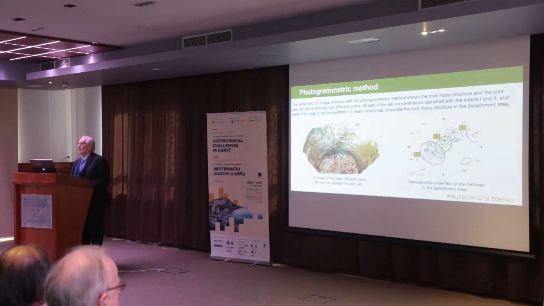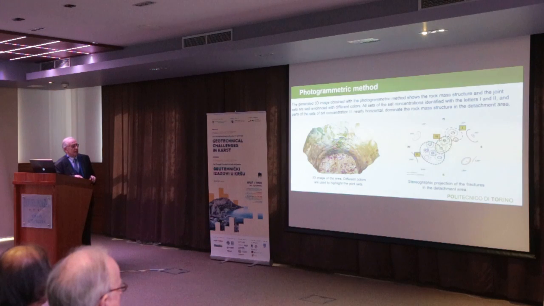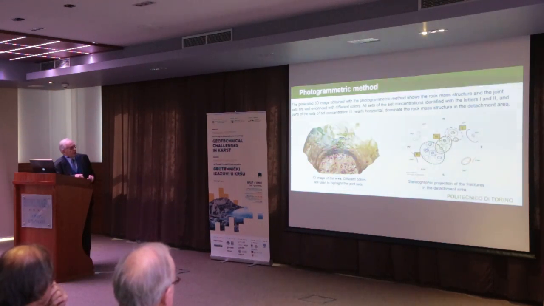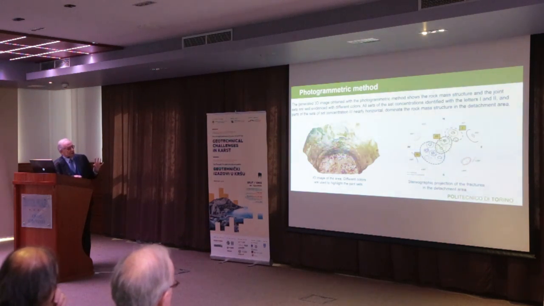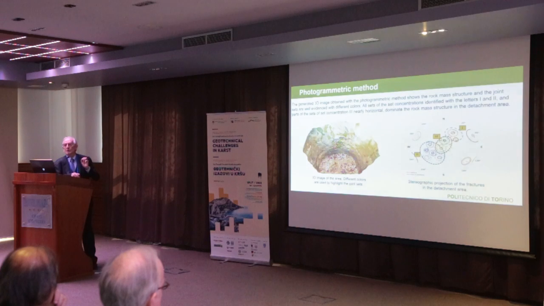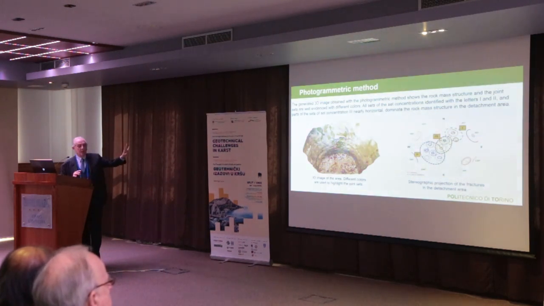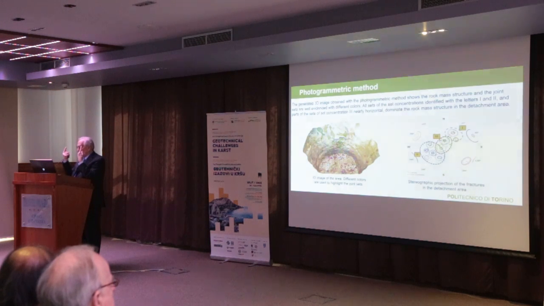Let me show you how the photogrammetry can be of help. Again, I do this as a case example. We have obtained a 3D image by using the photographic method. You can see the 3D image. Let me just be careful: you don't have this image in one shot only. Okay?